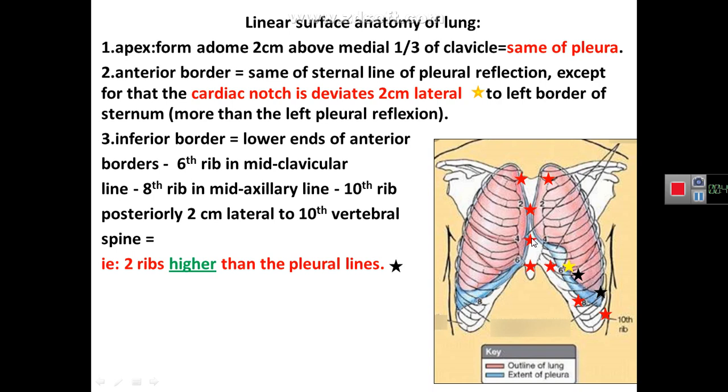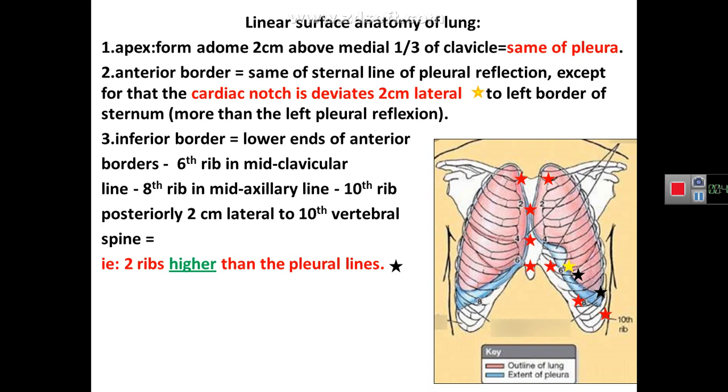But the lung will deviate more laterally, as you can see in this yellow star, because here you have a cardiac notch in the anterior border of the lung. So it will deviate 2 centimeters lateral to the border of the sternum, more lateral than the sternal reflection.